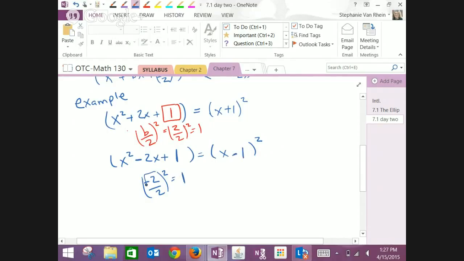Minus 1. It's always what's in parentheses. What's negative 2 over 2? Minus 1. Yeah, so x minus 1 squared is x squared minus 2x plus 1. x plus 1 squared is x squared plus 2x plus 1.